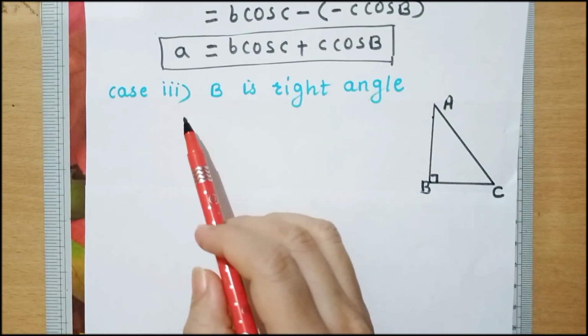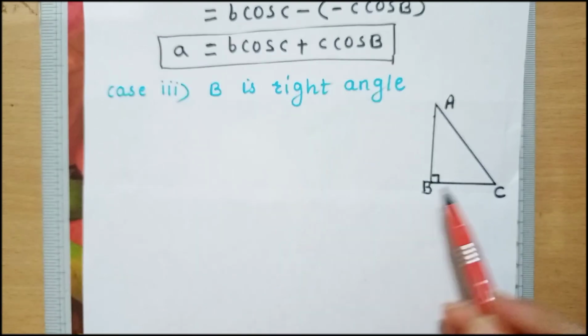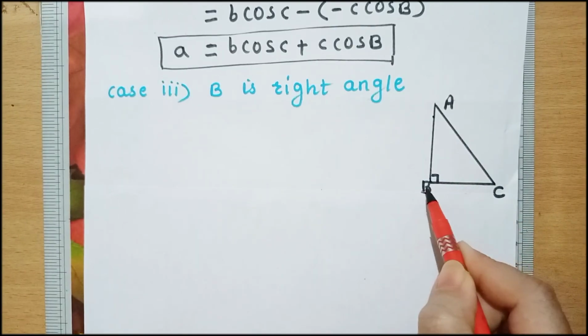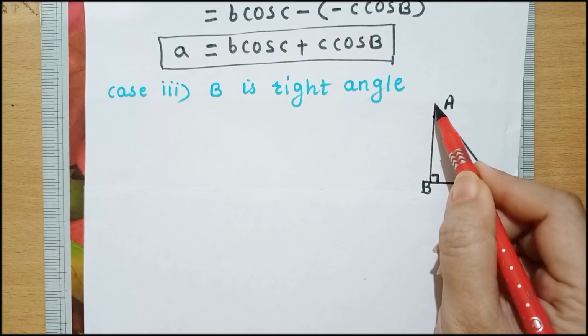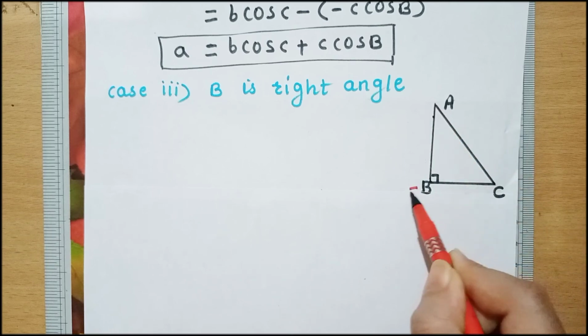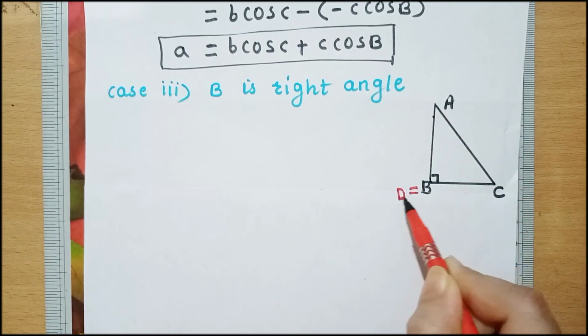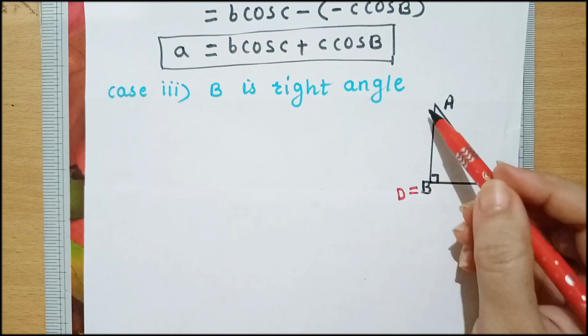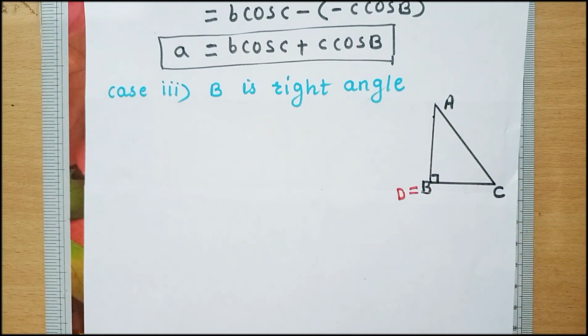And consider the third case. B is a right angle, so this is triangle ABC, and if I draw a perpendicular from A, then this D coincides with B because AD is the perpendicular.